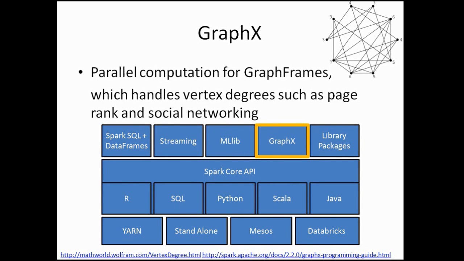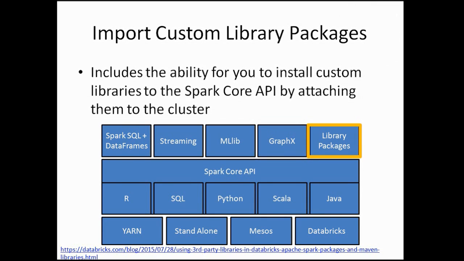GraphX is relatively new, but basically, think of a social networking site with Twitter followers: each person is a node, and it figures out degrees of separation per node for an abstraction like Facebook friends or Twitter followers. It's parallel computing for graph frames, which handles vertex degrees, such as PageRank as well. And you can import custom library packages to install on the Spark Core API by attaching them to the cluster.